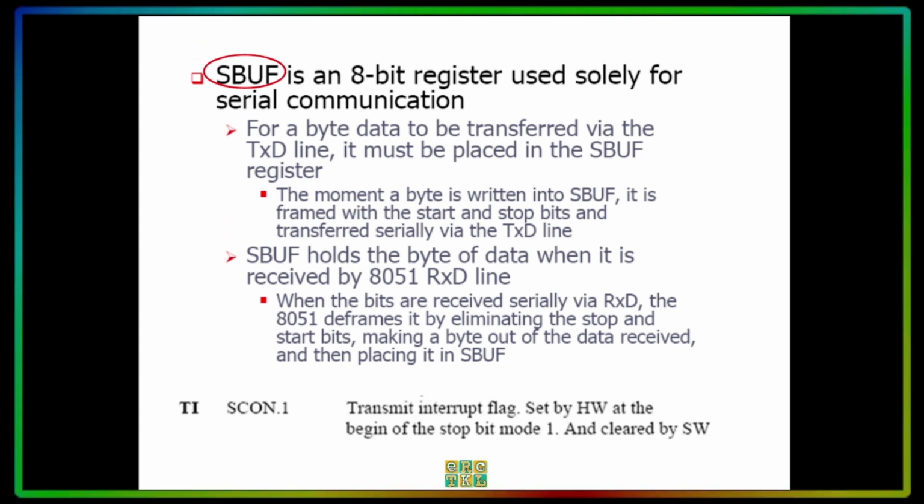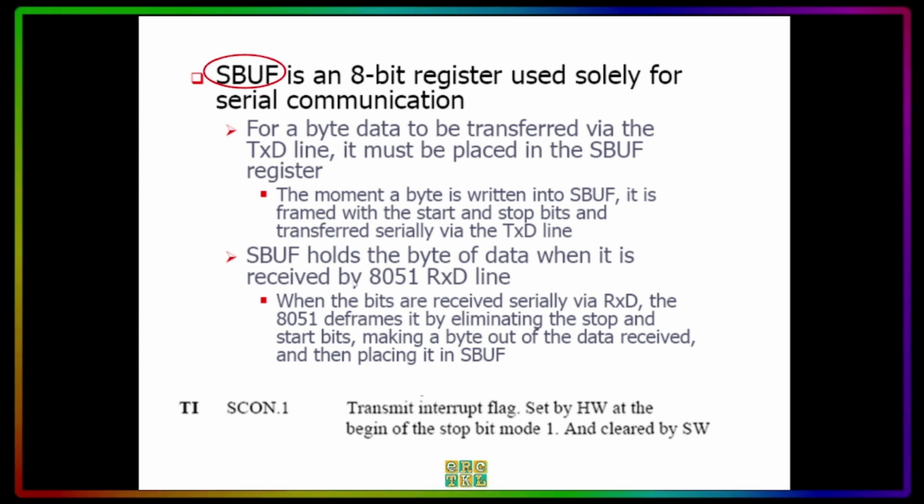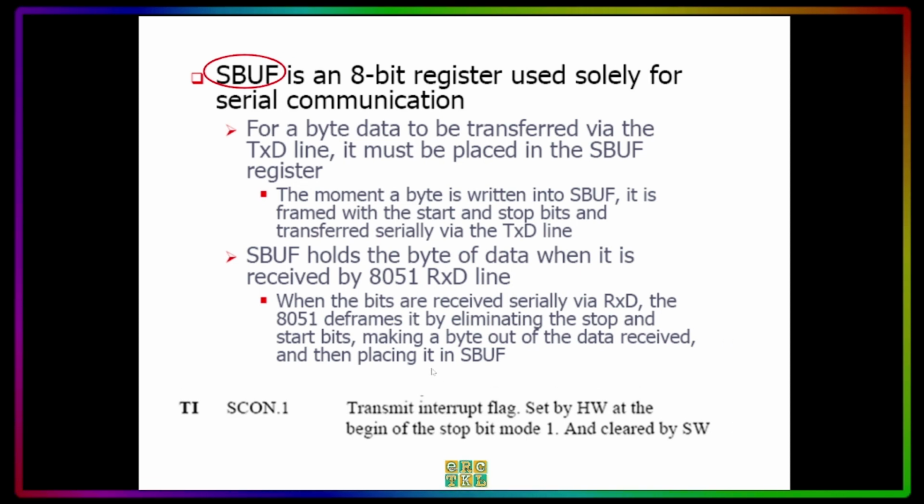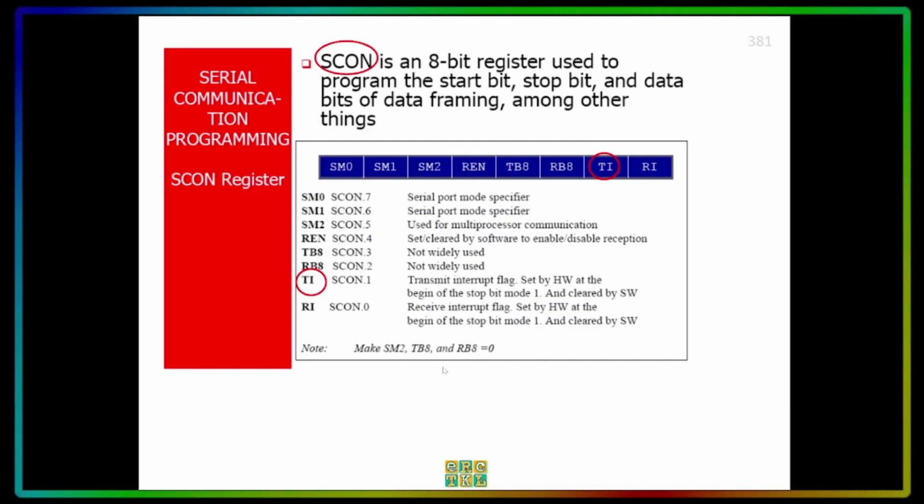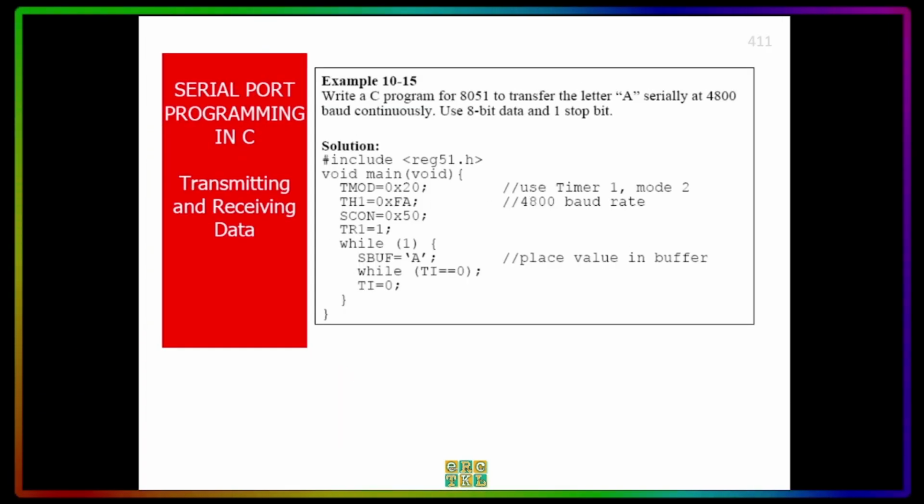Now, the SBUF also holds the byte of data when it is received by the 8051 RXD line. When the bits are received serially via RXD, the 8051 deframes them by eliminating the stop and start bits, making a byte out of the data received and then placing it in SBUF. Let's take a look at the SBUF again here. We just put SBUF equals 'A' if we are transferring the letter A. If it is letter B, we put SBUF equals 'B'.